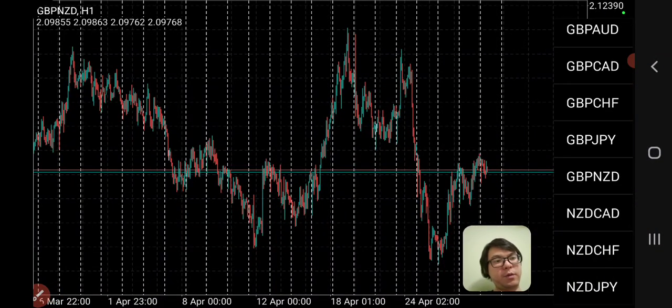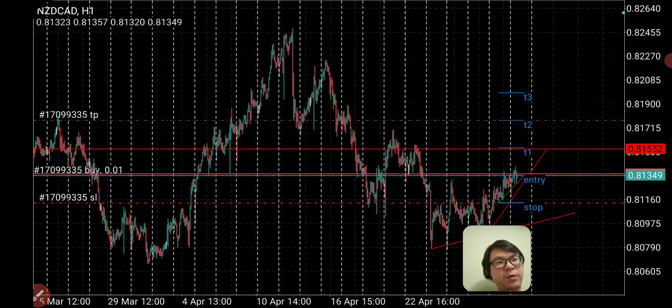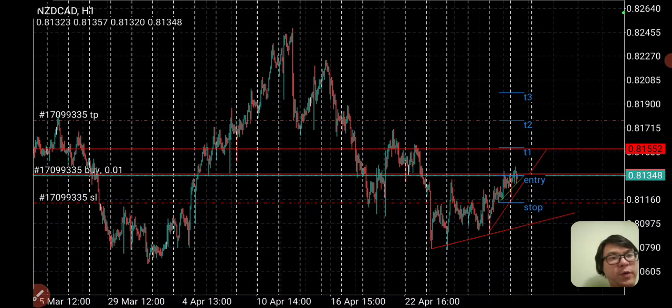Pound New Zealand. New Zealand cat. We got a signal tonight about Asian open time, and we see a very good setup right here. I have been open for this trade. Price is still hanging around in the entry.